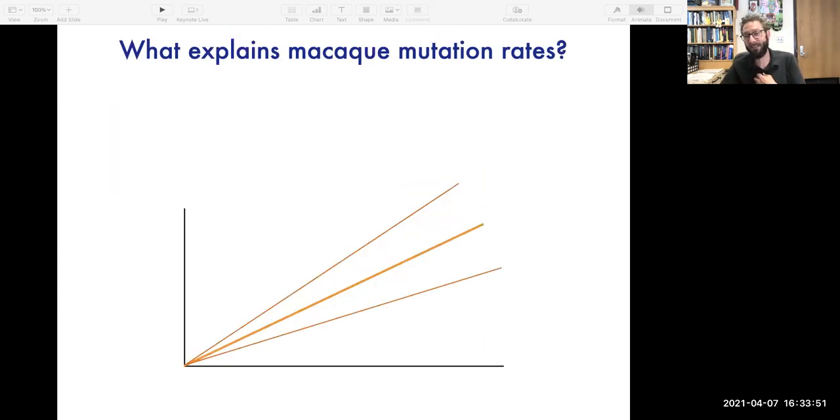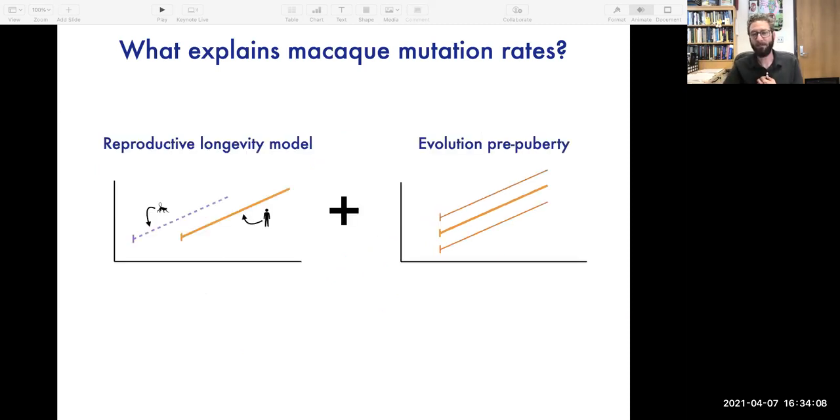So we can explain this in a couple of different ways. It doesn't, again, seem like the rate of mutation with time is changing. Right? We can't say that slopes definitely aren't different, but they're not significantly different. So again, it's this relatively constant rate of change. But there are 2 non-exclusive explanations for what's going on. So one is that the reproductive longevity model is still correct.